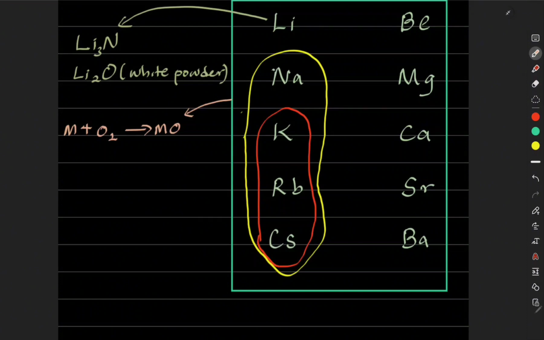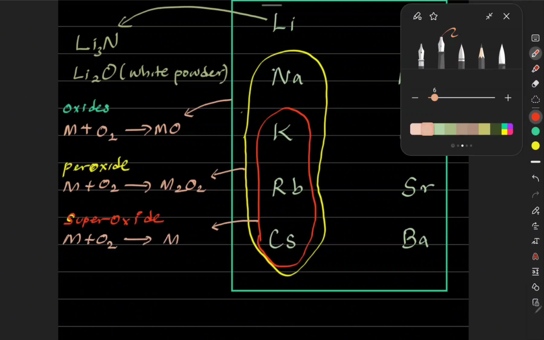And the metals in the yellow border produce peroxides. M plus O2 forms M2O2. And the elements in the red box form superoxides.